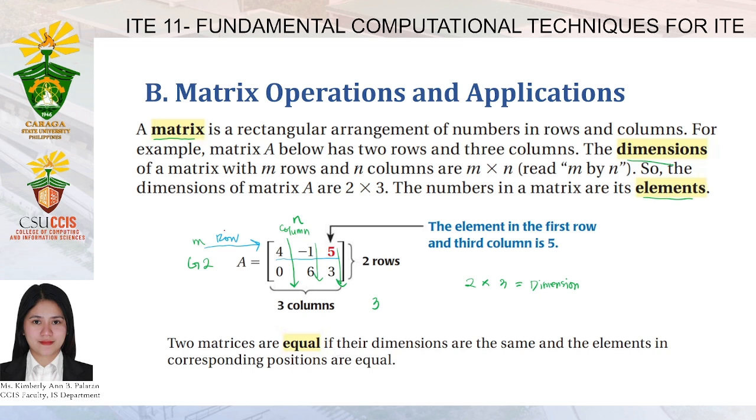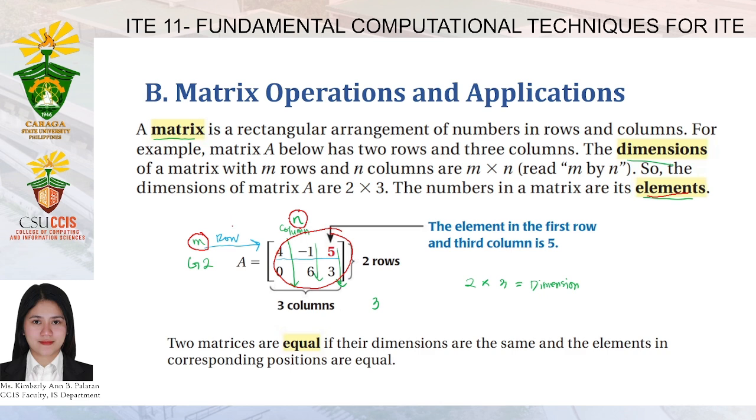Okay, so we have here an example. Again, the row is indicated by M. That is why it's called M rows, or if we read it, it's M by N. And the column is denoted as N. All of the numbers inside the matrix are called elements. The dimension is the number of rows and columns.